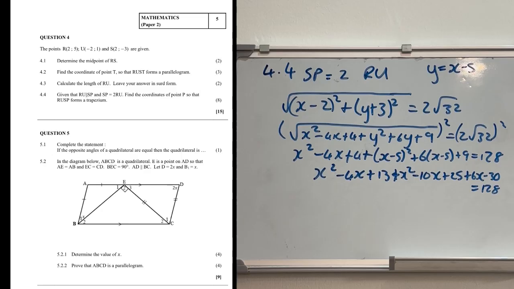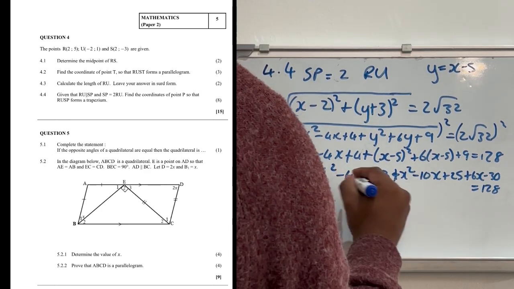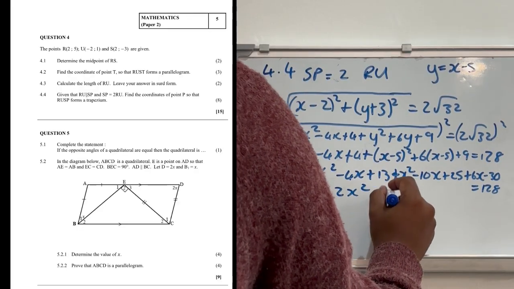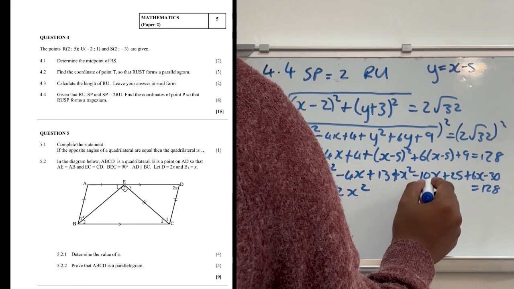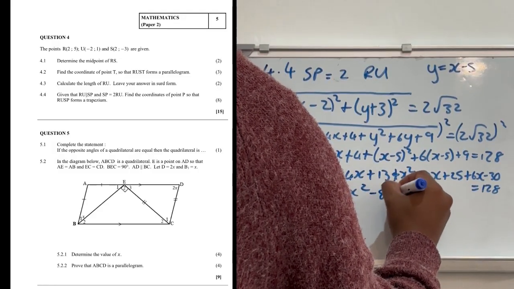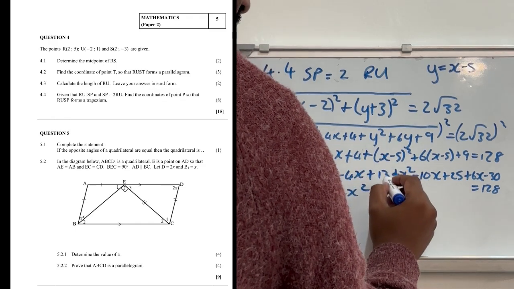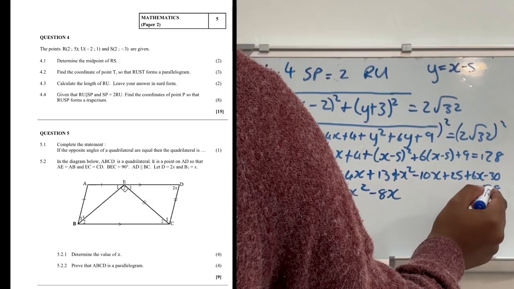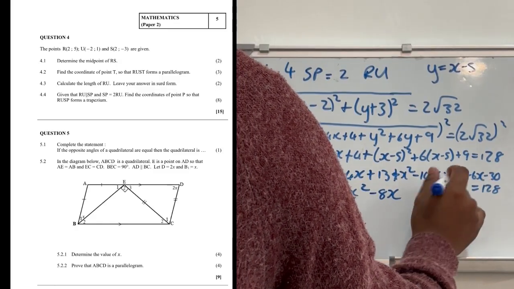Then if I combine everything, x squared plus x squared is 2x squared. Then minus 4x minus 10x is minus 14x, plus 6x is minus 8x. And then 13 minus 30 is minus 17.